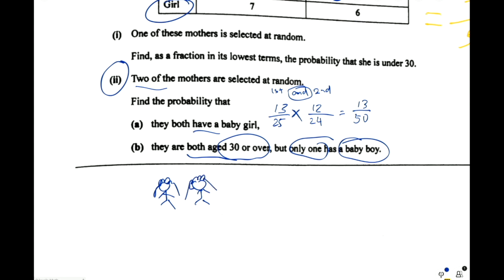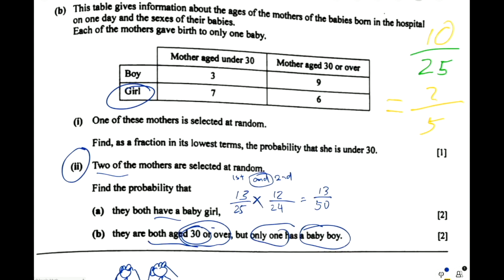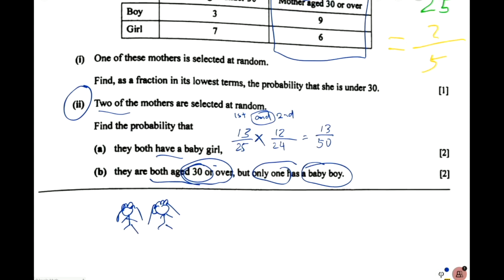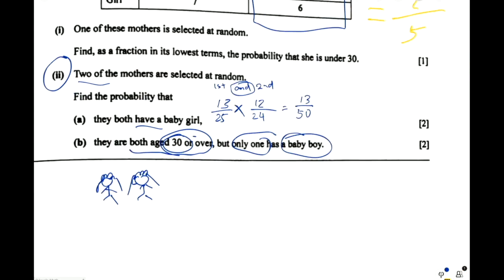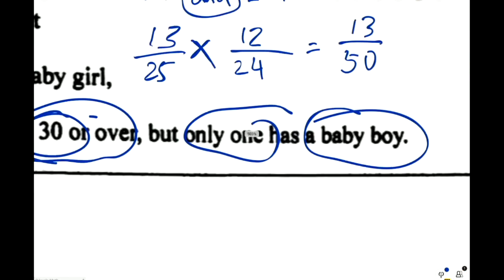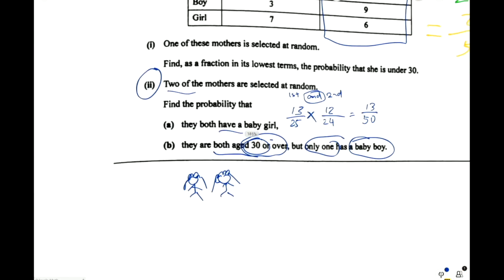Alright, so both of them must be above 30. Where are the mothers above 30? On the right hand side, right? So that means must come from this category. Okay, 2 of them. Now, there are 2 possibilities. You see, only one has a baby boy. That means either this got a boy. Now, if this first one got boy, second one is a girl.